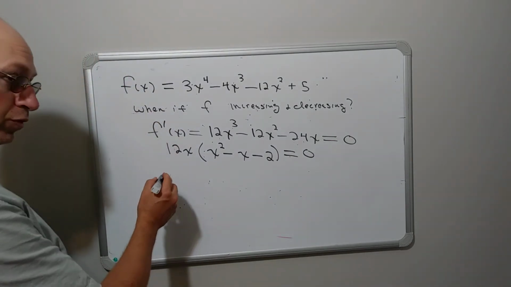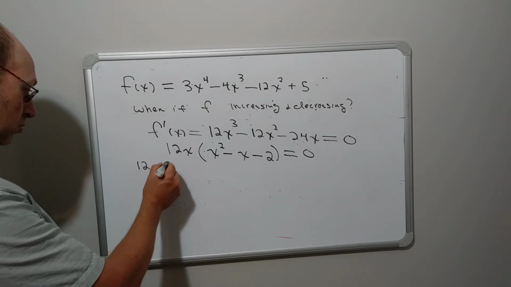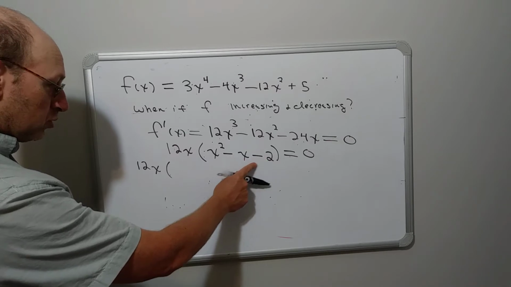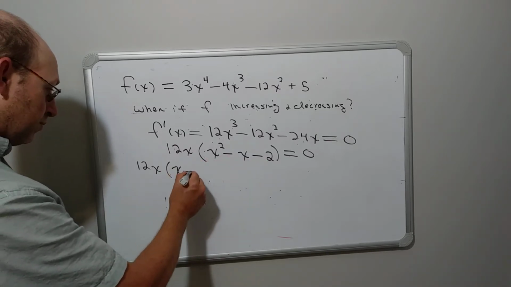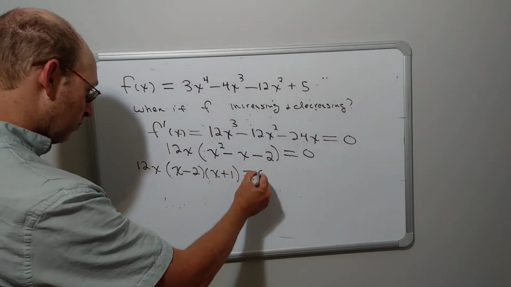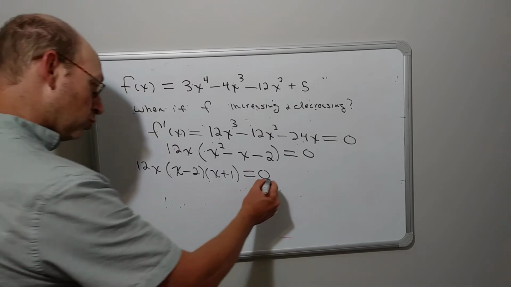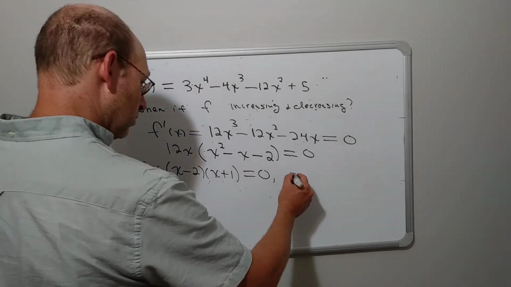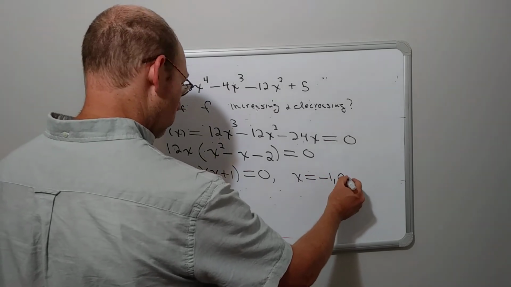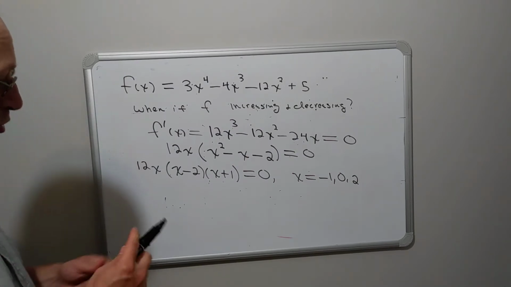And this further factors to 12x times x minus 2 times x plus 1. So the critical numbers are x equals -1, 0, and 2. Okay, so we have our critical numbers.